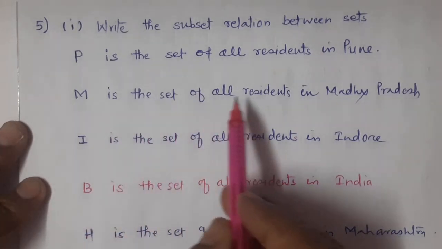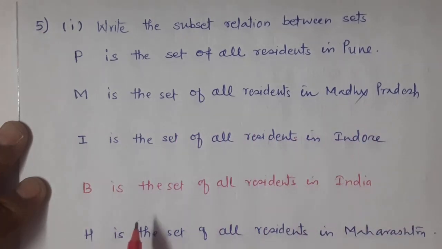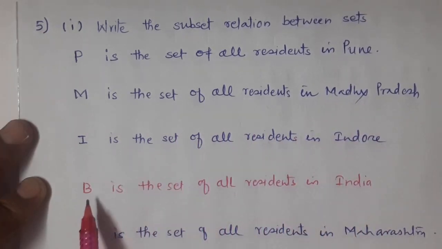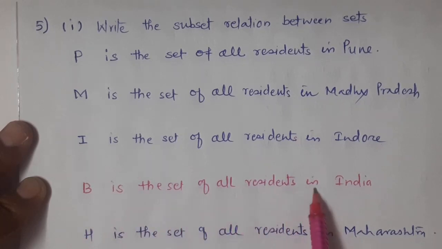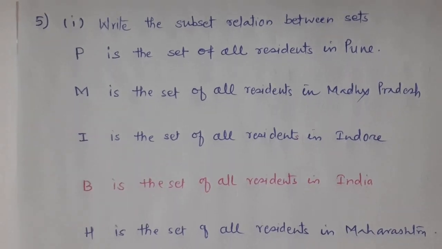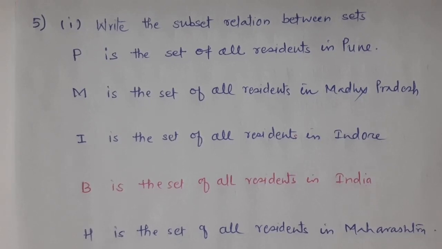M is the set of all residents in Madhya Pradesh. I is the set of all residents in Indore. B is the set of all residents in India. H is the set of all residents in Maharashtra. So you have to write what the different subsets are.